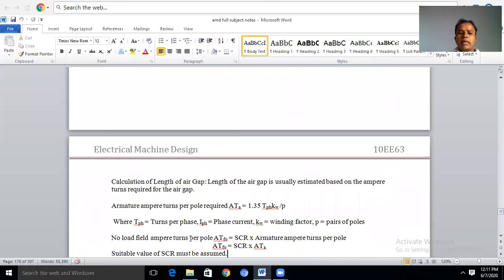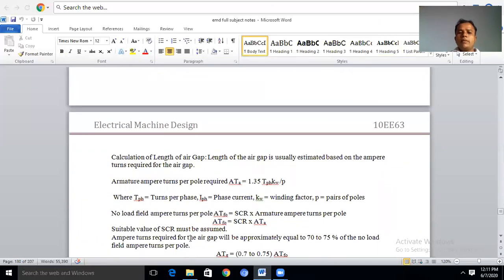So now we will calculate the length of the air gap. This length is usually estimated based on the ampere turns required for the air gap. In order to determine it, we need to consider the armature ampere turns per pole required.